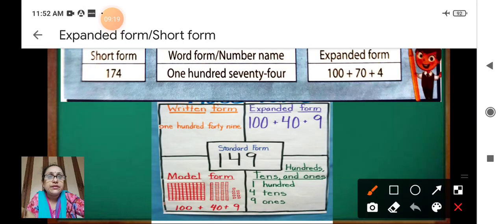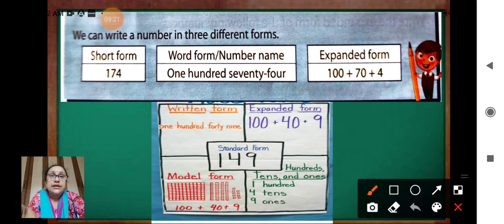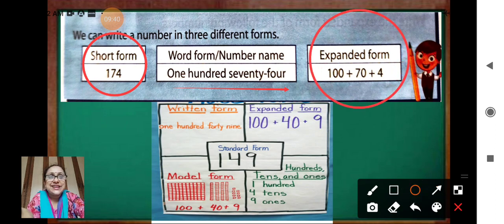Now see how we can write. We can write a number in 3 different forms. So the short form is 174. So the number name or word form, we can write 174. And see the expanded form, we can write like this, 100 plus 70 plus 4.